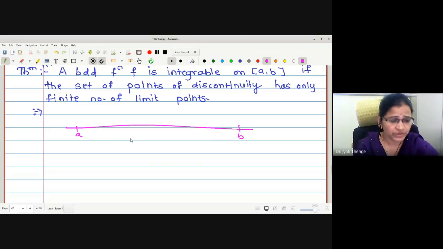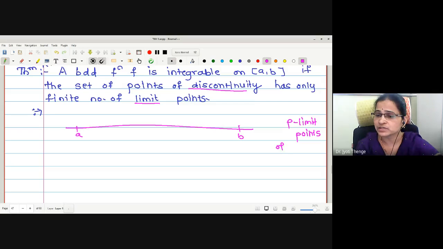Again, we have a finite number of limit points for the set of points of discontinuity. Let me assume there are p limit points. Surely this set has infinitely many points of discontinuity, right?